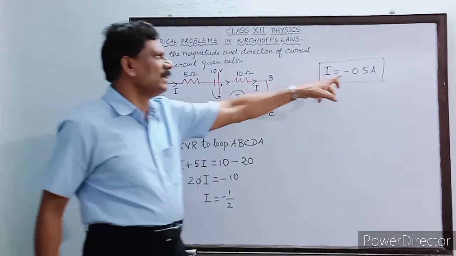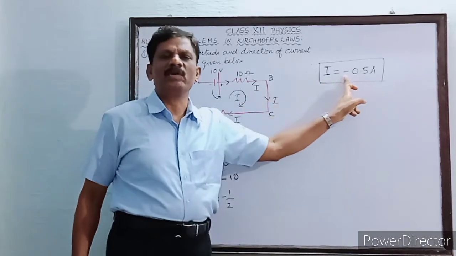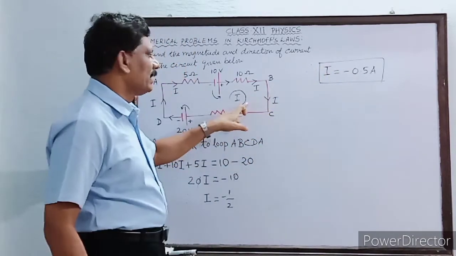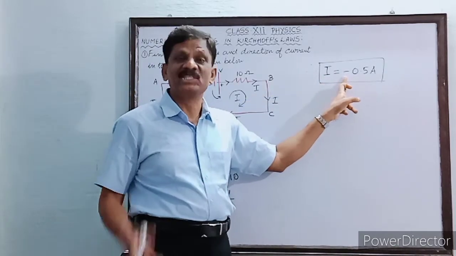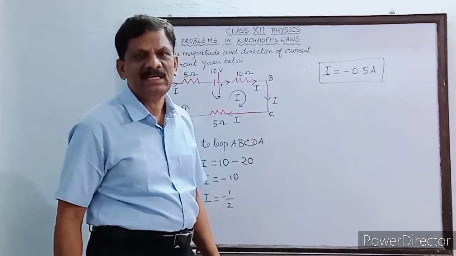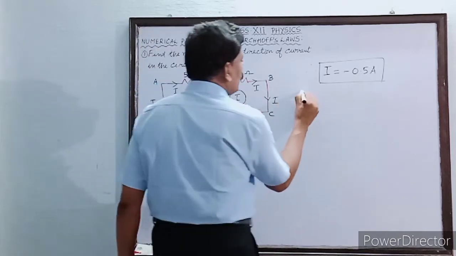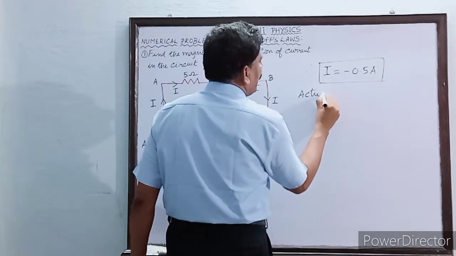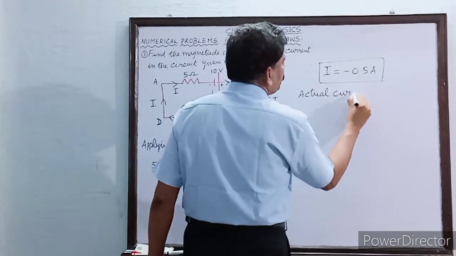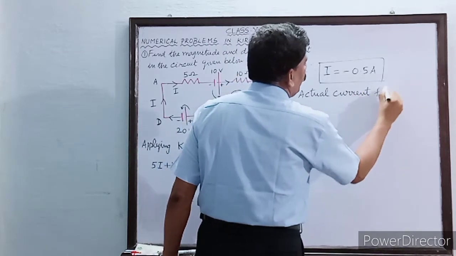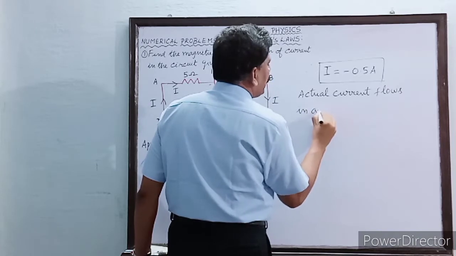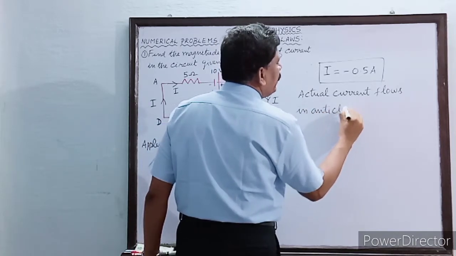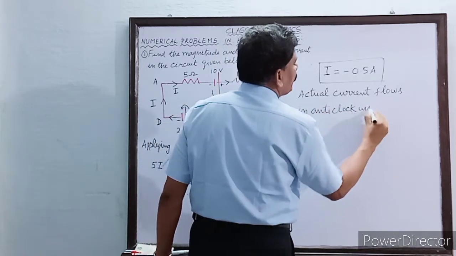Actually the current has a negative sign. So what do you mean here? We assumed the current to be clockwise, but we are getting a negative value, which means the actual current is flowing in the anti-clockwise direction. So actual current flows in the anti-clockwise direction.